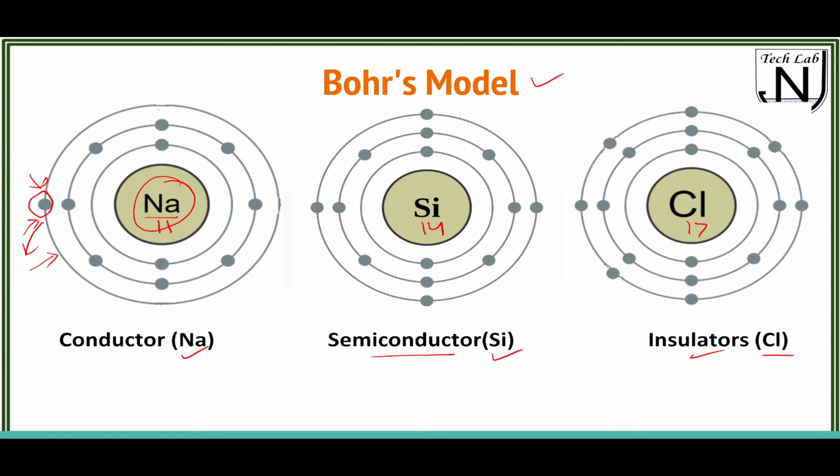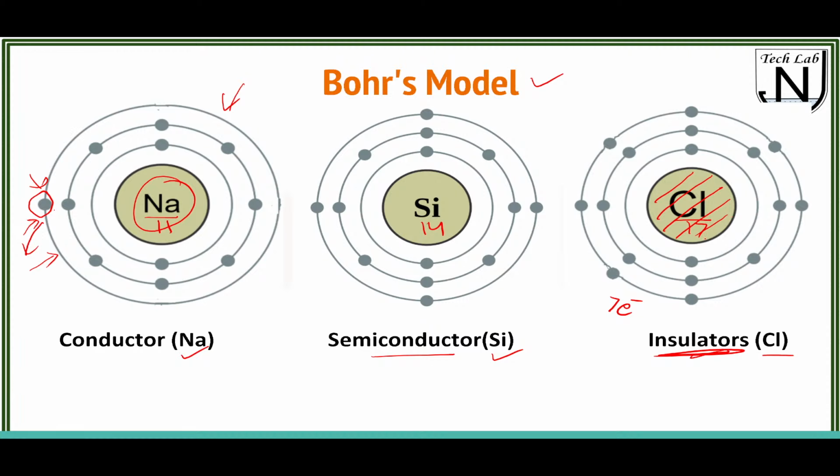Means just at room temperature, this electron will find itself free, detached from this atom, right? Because very little energy is required for this electron to detach from the atom. Whereas if we talk about the chlorine insulator, then in the outermost shell we have 7 electrons. And at the center we know that we have positive charges.